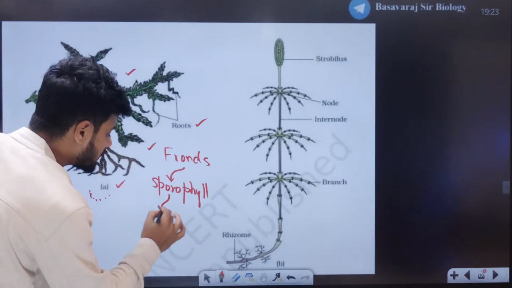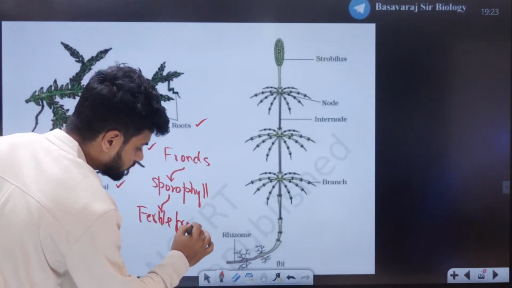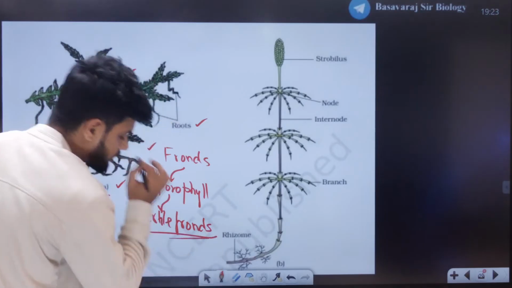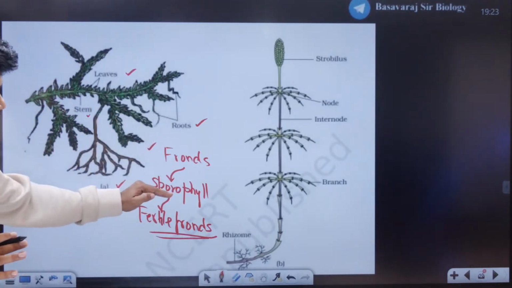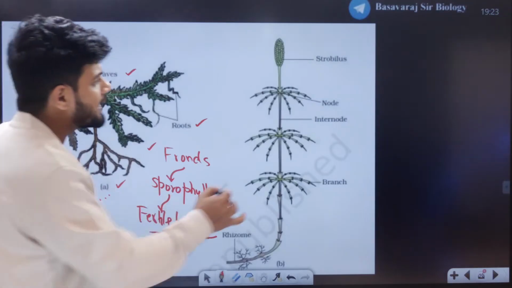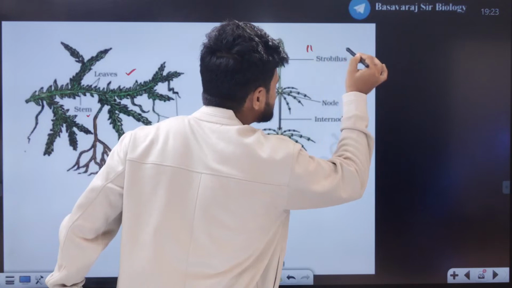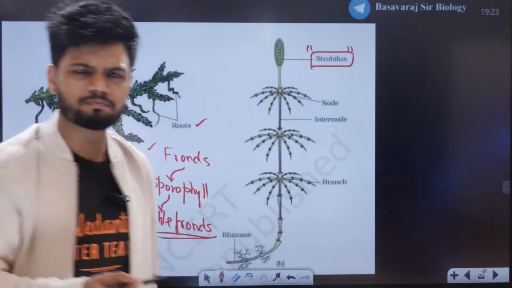Sporophylls are the fertile fronds. Now, students, if you know what a sporophyll is, can anyone tell me what exactly a strobilus is? I'll give you a simple explanation.